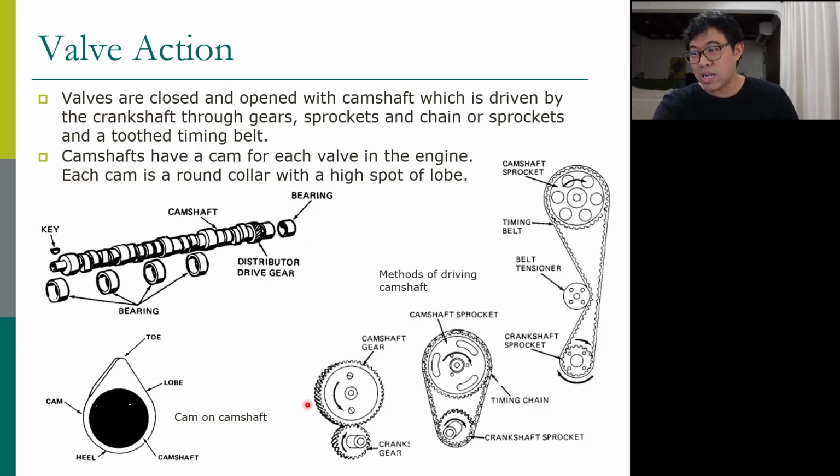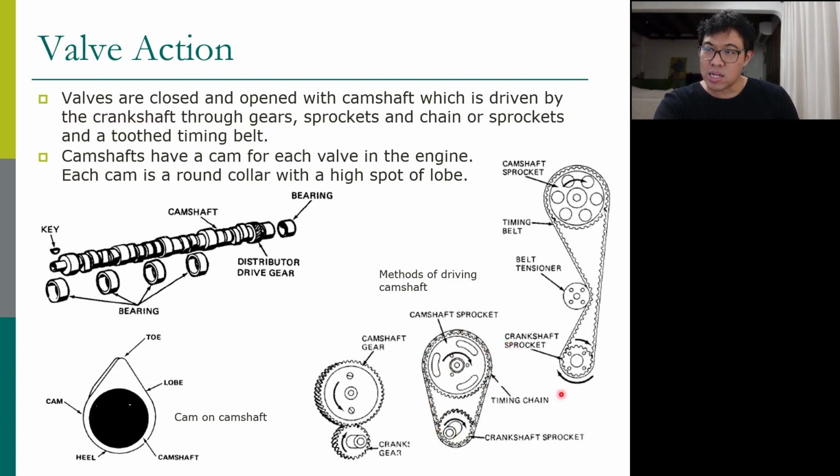When you connect the camshaft and crankshaft, you can connect by gear like that. This is the camshaft gear. This is the crankshaft gear. You can also connect by chain. You put one sprocket on the camshaft and one sprocket on the crankshaft, and you put the chain on the sprockets.